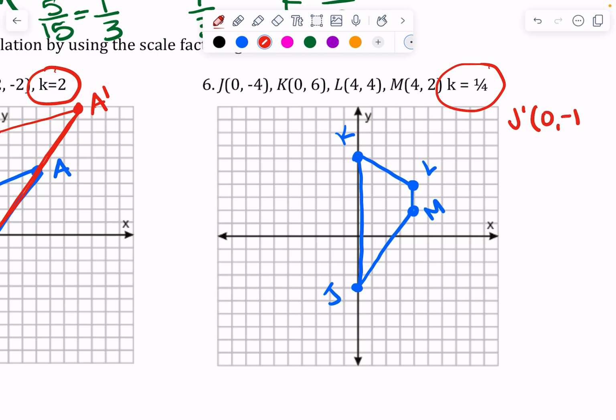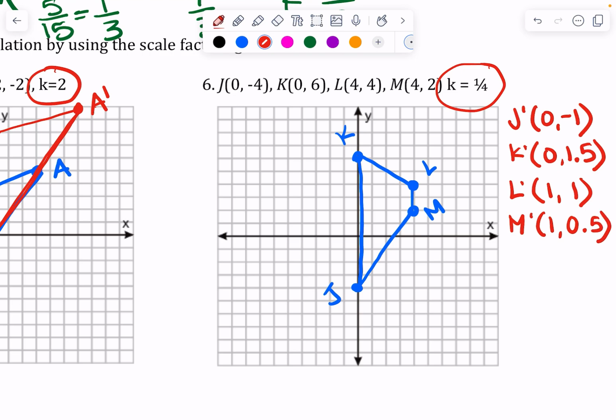So it'll be (0, -1), (0, 1.5), (1, 1), and (1, 1 1/2).